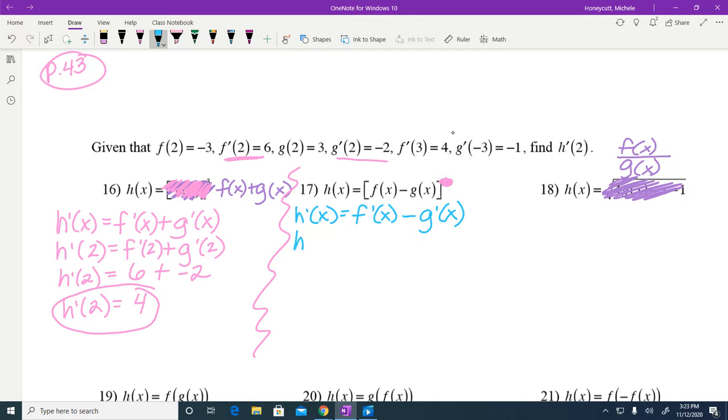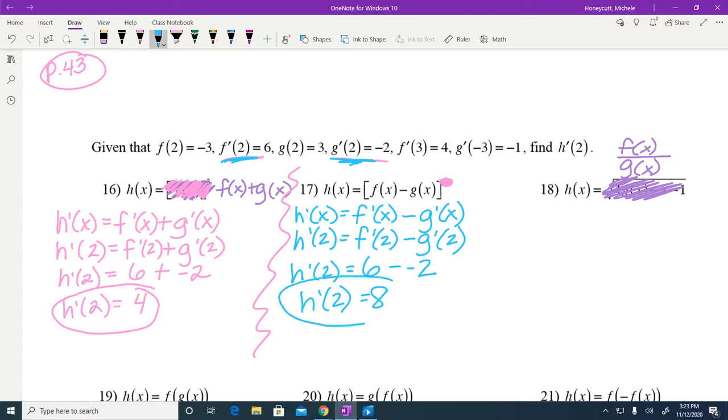Then h prime of 2, I'll need to know f prime of 2 and subtract g prime of 2. So f prime of 2 is 6, g prime of 2 is negative 2. So 6 minus negative 2 means h prime of 2 is 8.